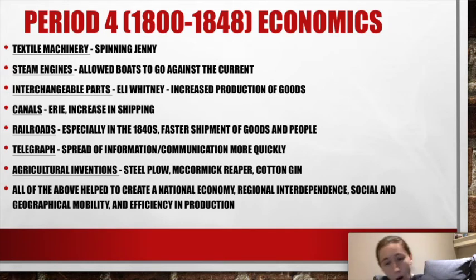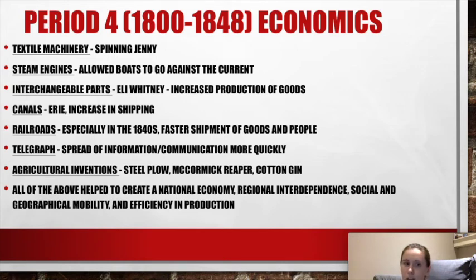And all these things are really combining to create a truly national economy, in which different regions of the United States can work together, can trade, and can be interdependent, in which everybody produces something and relies upon each other for that item that they produce, trading back and forth.